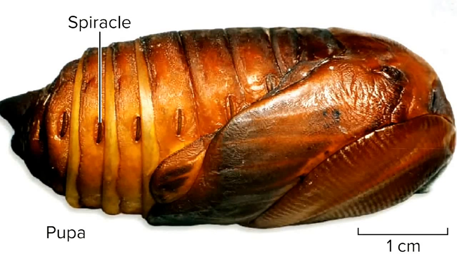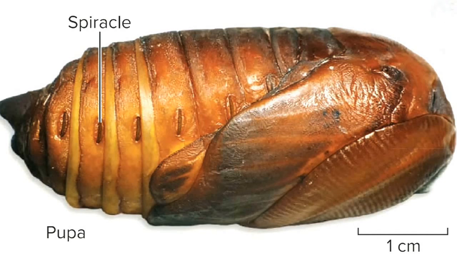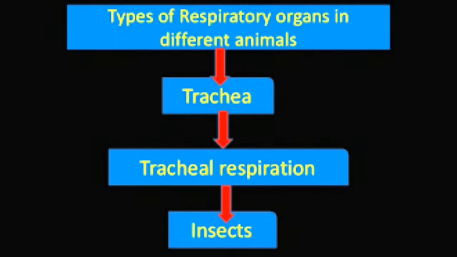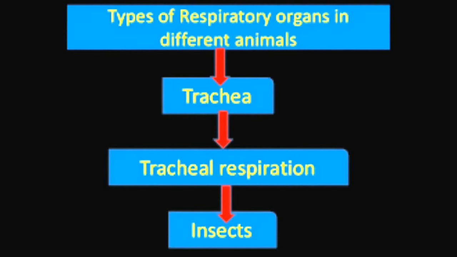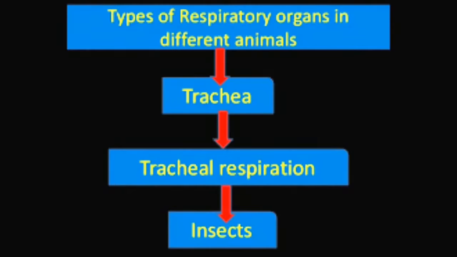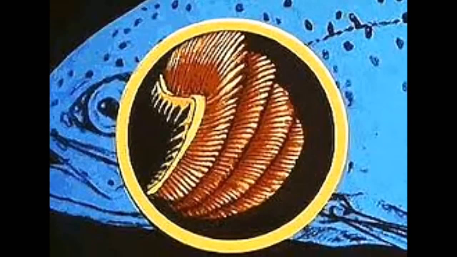So air enters through the spiracles and is distributed by the trachea. This type of respiratory system is called tracheal respiration. It occurs in insects like cockroach, housefly, and grasshopper. Another specialty of these insects is they do not have red colored blood. Hemoglobin is absent. Blood has no role in transportation of gases.